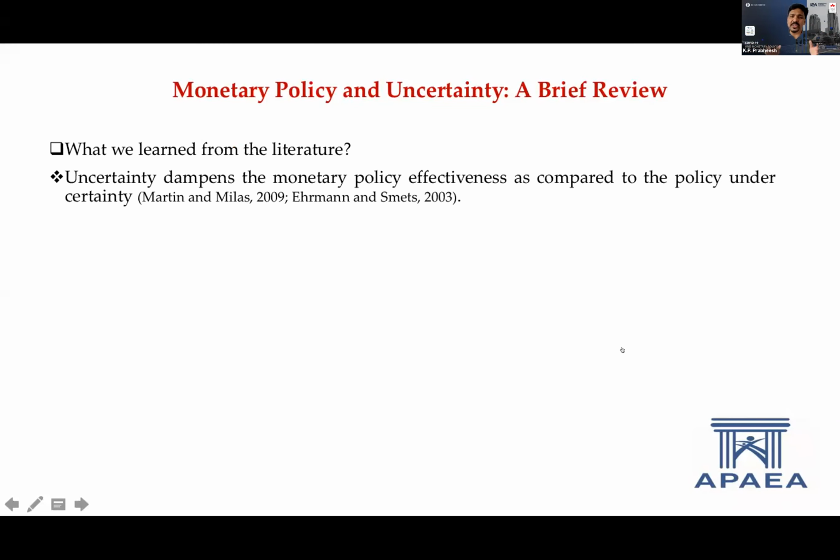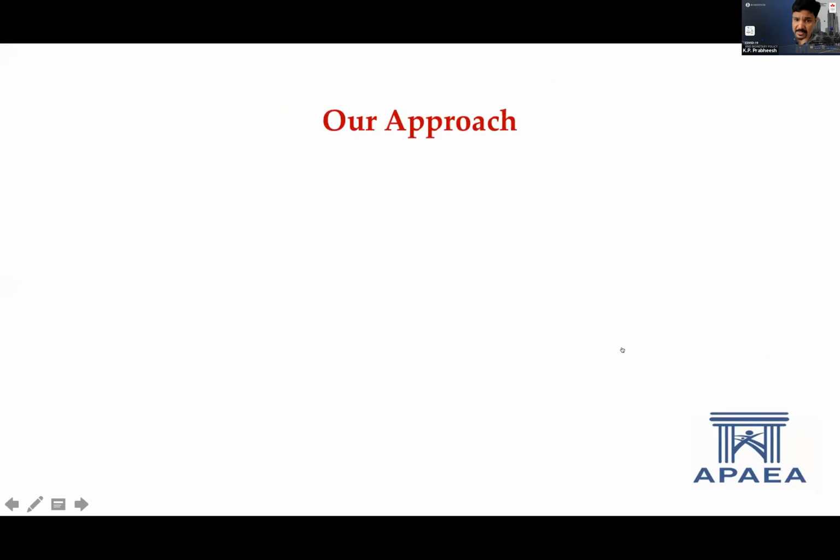So the research gap here is that none of these studies address how uncertainty due to COVID-19 affected monetary policy transmission in emerging economies. COVID-19 and monetary policy have not been looked at from the point of view of uncertainty, specifically in the context of emerging market economies. This is where our contribution comes in.